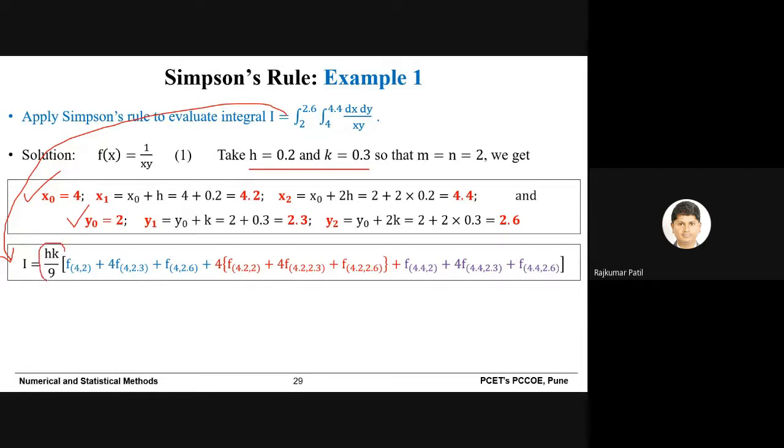So h by 3 into k by 3 is nothing but hk upon 9, which is equal to f of 4, 2 plus 4 into f of 4, 2.3 plus f of 4, 2.6. So this is the first part where you can see the value of x is constant and we are varying the values of y.